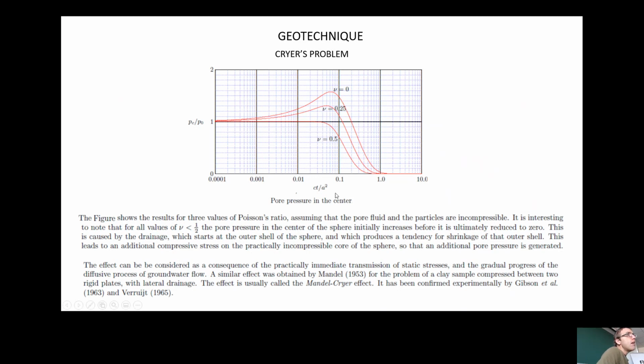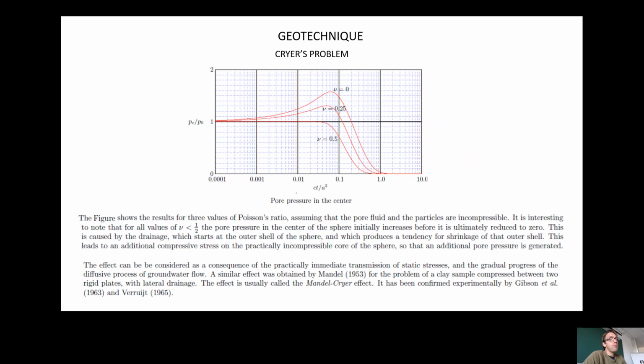So first, for the smallest values of c t over alpha square, there is an increase, and this increase is bigger for smaller values of nu, of Poisson's ratio, while after a certain time, a certain value, there is a decrease in the values of nu.